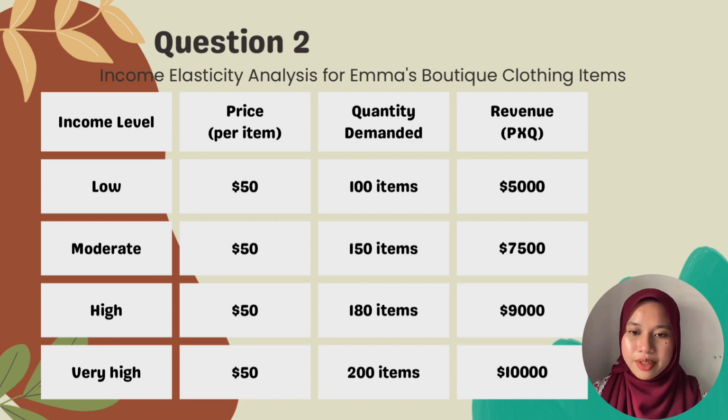For high income level, the price is $50, quantity demanded 180 items, and revenue is $9,000. And the last one is very high income level. The price is also $50 per item, quantity demanded 200 items, and revenue is $10,000. As we can see here, the price per item for all income levels is $50.